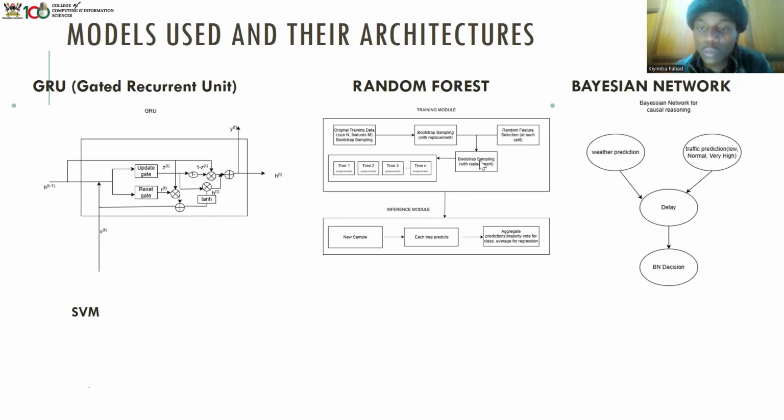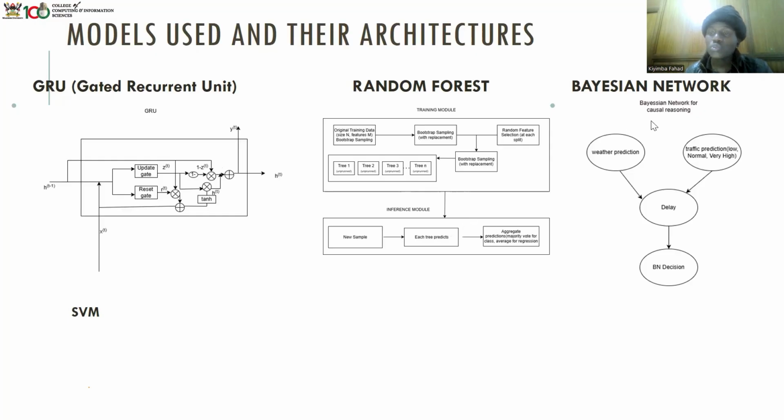Then you randomly carry out samples from this bootstrap data, with replacement. Each bootstrap sample is given to a tree. When you give in new samples, especially when you're testing, each tree predicts, then you aggregate the predictions: majority vote, especially for classification, and average, especially for regression. So that's how its architecture is, simply, okay?